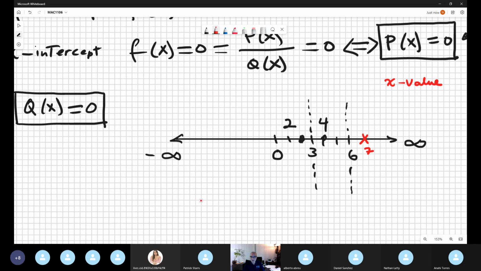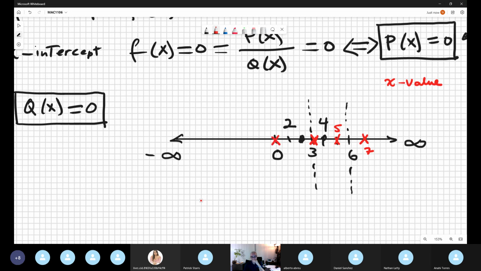This partition of the whole real number line can help me understand. You select one here after the 6, so bigger than 6. You select 5, it's in between 4 and 6. You select one in between 4 and 2, 3 maybe is good, and you take one value before 2, maybe a 1 or maybe a 0.